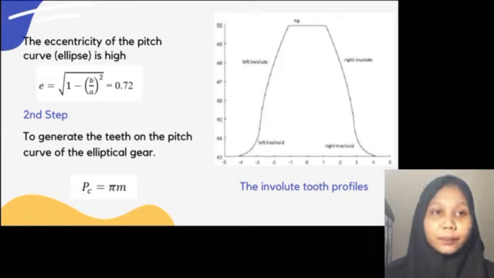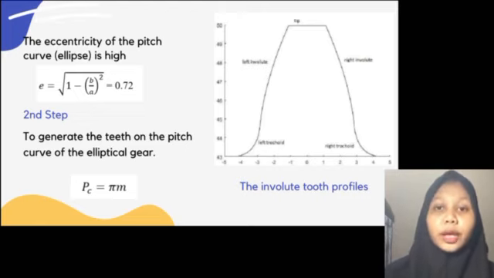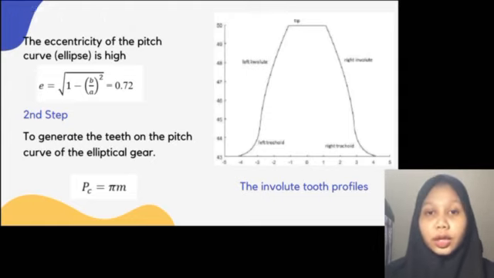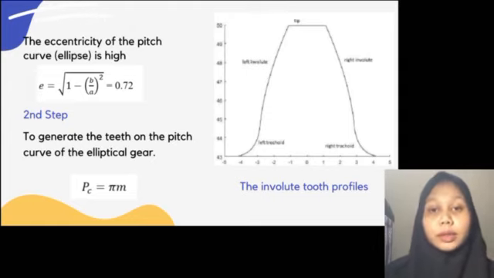Next is the eccentricity of the pitch curve of the ellipse, where we have a equal to 52 millimeters and b equal to 36 millimeters.